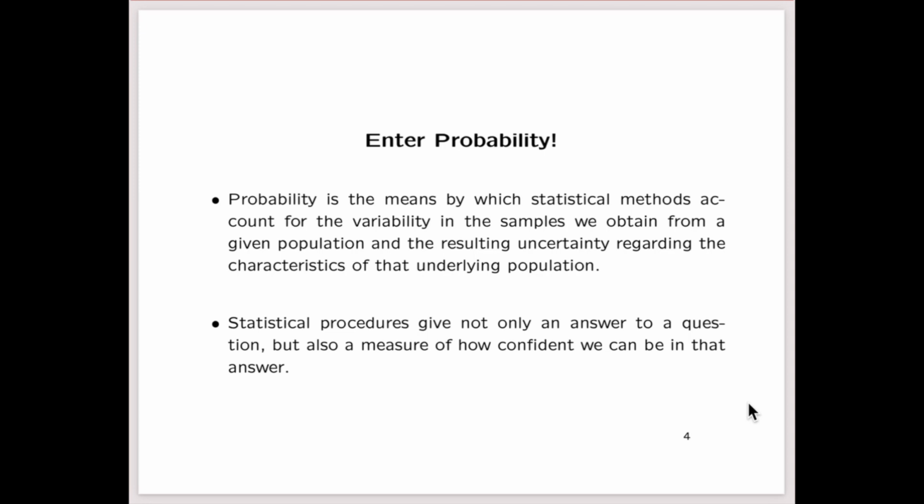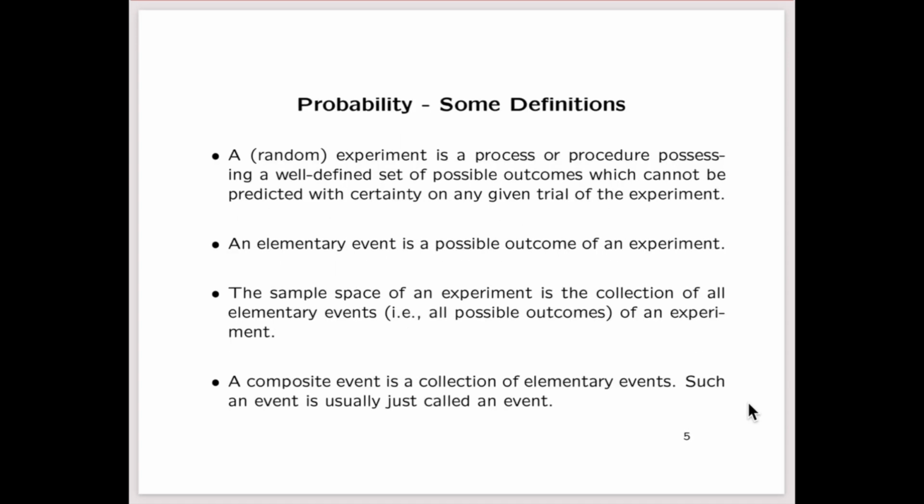Now, statistical procedures give not only an answer to a question, but they also measure how confident we can be in that answer. So that's really one of the most powerful things about statistics, is that we not only get an answer to a question, but we get a measure of the reliability of that answer.